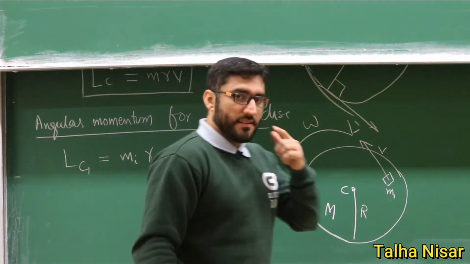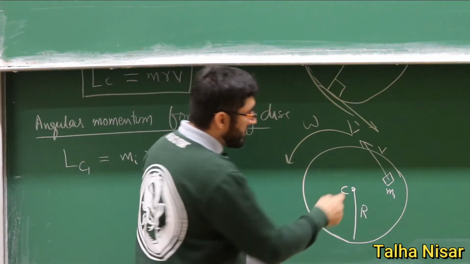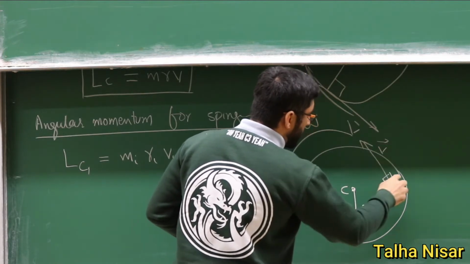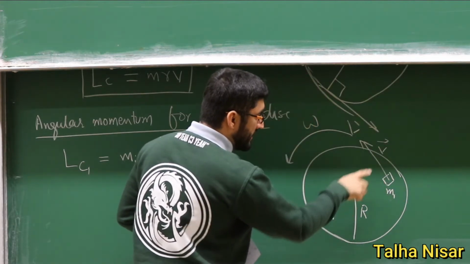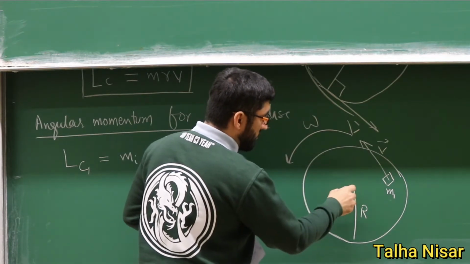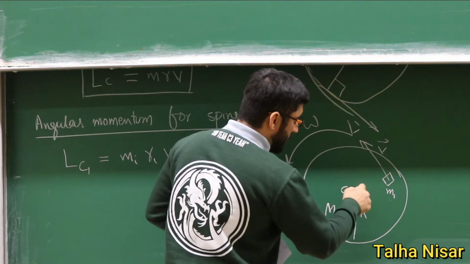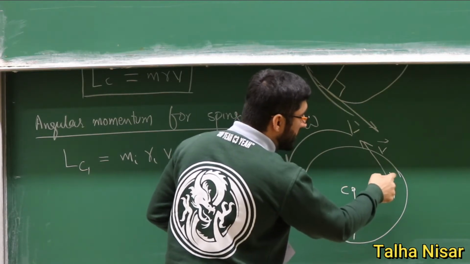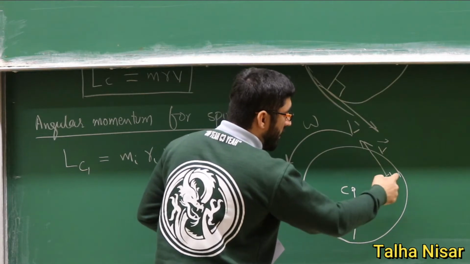As we said, for spinning objects the tangential velocity depends on how far you are from the center. For example, at the center the tangential velocity is 0, because the radius is 0 here. But if you are moving away, the radius is increasing for the small element, and then it's getting higher.